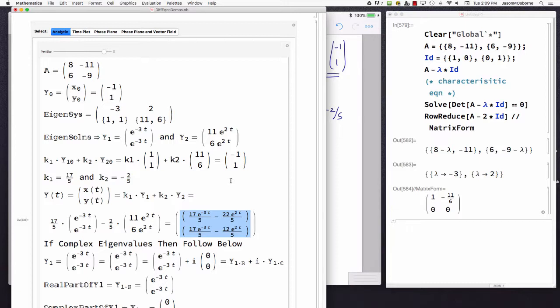Right, and you can see here from the x solution that x, for example, comes out to be, now you start to analyze the solution that you found. Right? And you have these constants that are in play, 22 over 5 and 17 over 5. But it's interesting to note what happens as t goes to infinity. As t goes to infinity, this term is getting closer and closer to 0 because of your negative exponential.